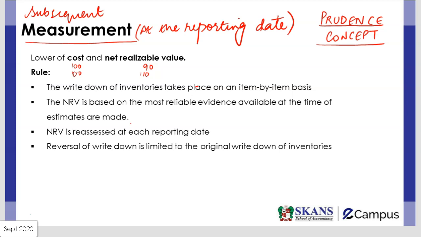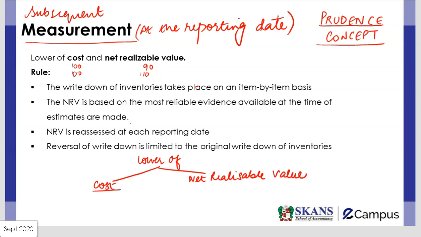Now, the important thing over here is to identify what actually becomes a part of this cost and NRV. So when we say that the inventory should be recognized at lower of cost or net realizable value, what do we actually mean by these two items? With respect to cost, we have just covered: cost is a sum of purchase cost plus conversion cost.